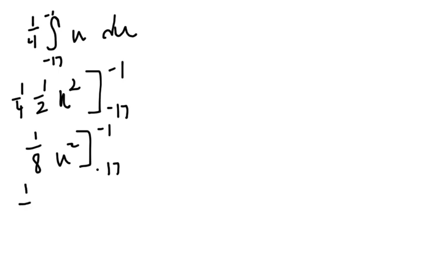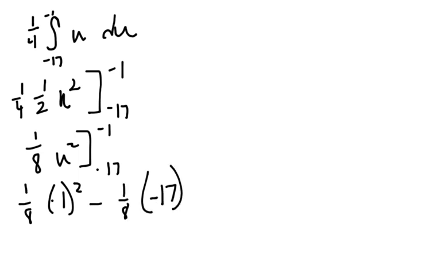So plug in my upper limit, subtract what I get when I plug in my lower limit. So this is going to be positive 1 times 1/8, which will be 1/8, minus positive 289 over 8.